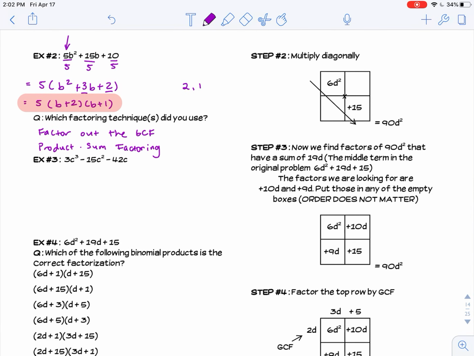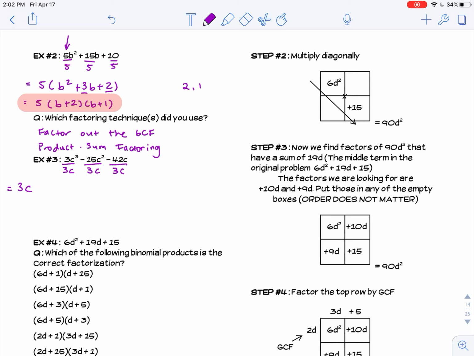So we're going to do that same thing for example 3. Now remember, in order to do product sum factoring, we need a quadratic trinomial where the leading coefficient is 1. So we need to divide everything here by 3. Now we need it to be a quadratic trinomial. And we could also factor out one more thing. We could factor out this c. That's our greatest common factor, 3c.